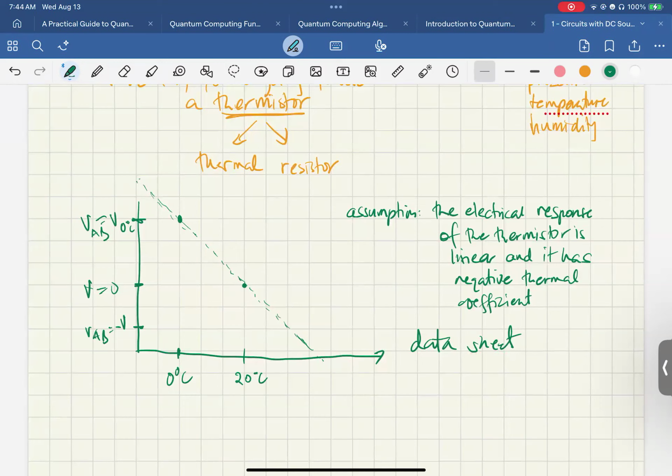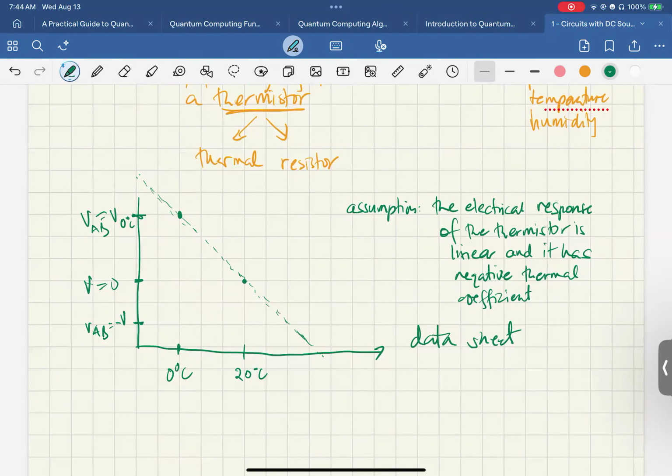So, negative V something. And it may correspond to, sabihin nating 37 degrees Celsius. So, ito pala yung 37. Ganyan ngayon nag-work ang inyong electronic na thermometer.